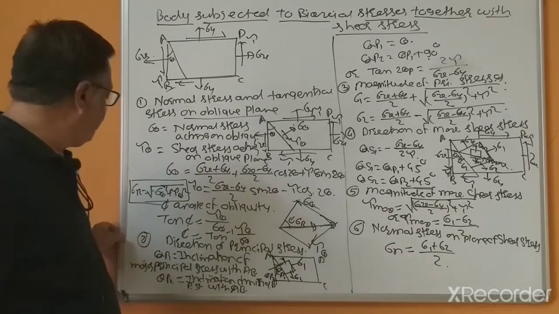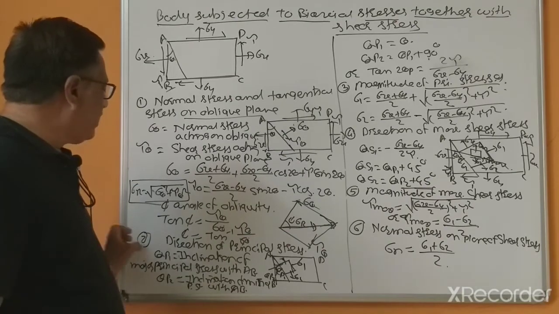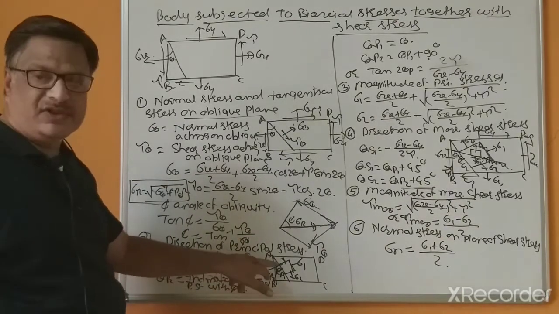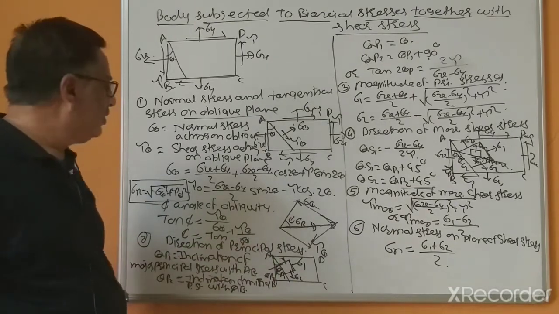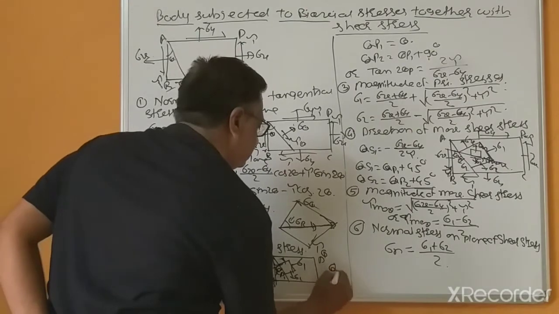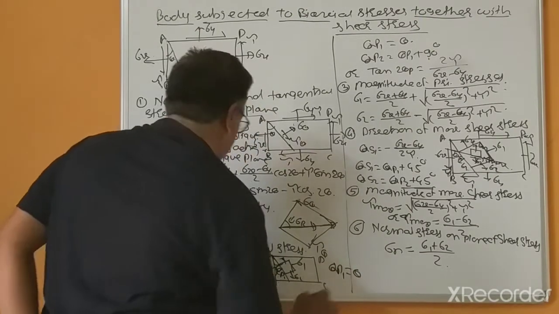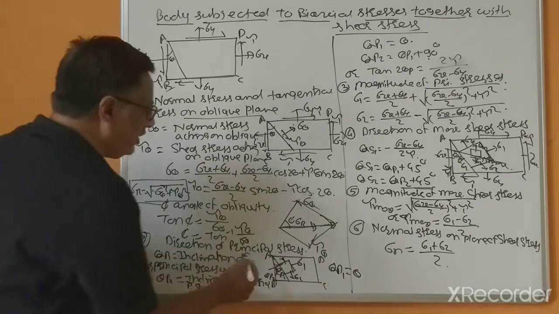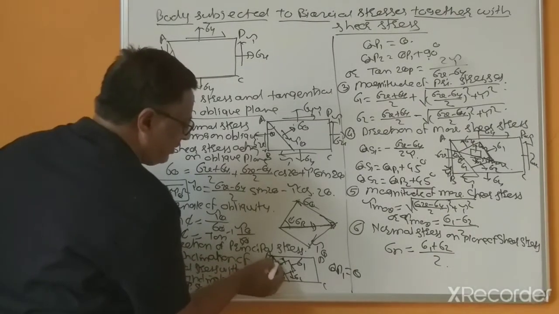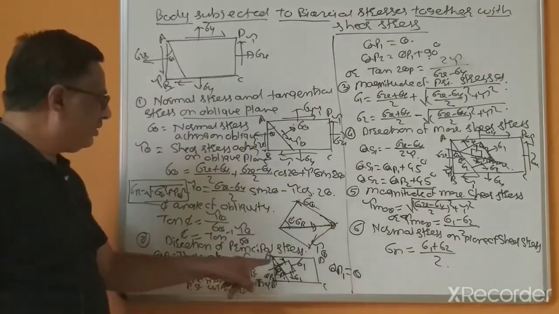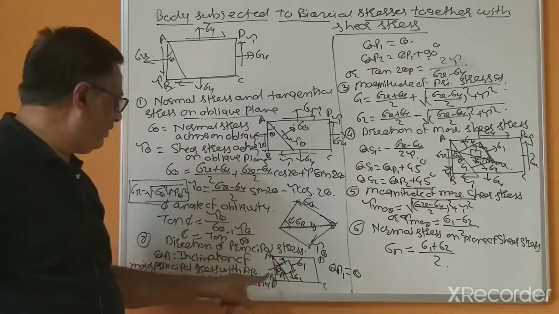Second, the important term is the directions of the principal stress. Now theta p1 is the inclination of the major principal plane, because this is the major principal plane, and this inclination is made with the plane AB.